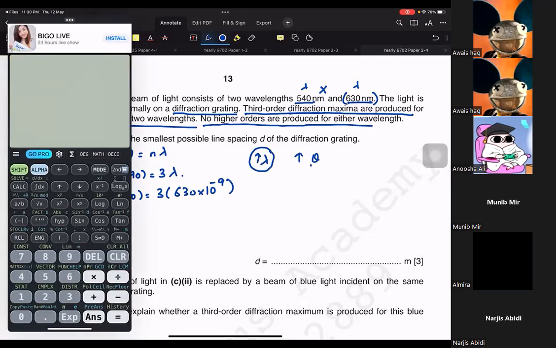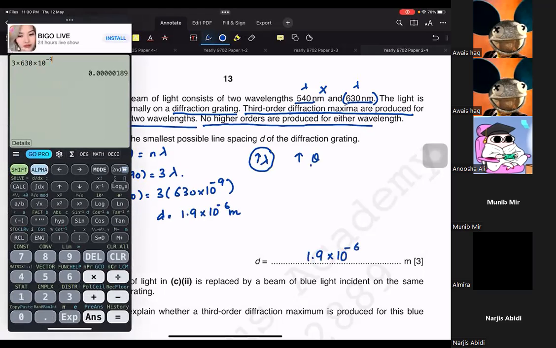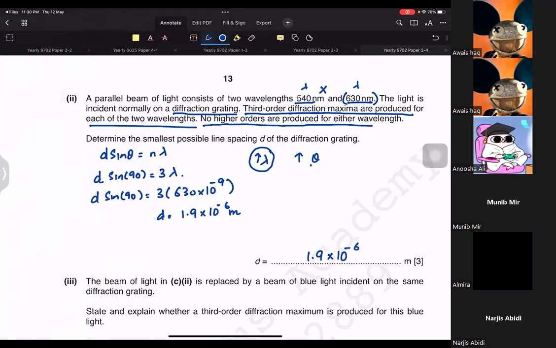Sine 90 is 1, by the way. 3 times 630 times 10 raised to power minus 9. So d here would be 1.9 times 10 raised to power minus 6 meters. Okay, please do check the answer, because I'm not sure if that is the correct answer. Yeah, it is. Okay, that's good.